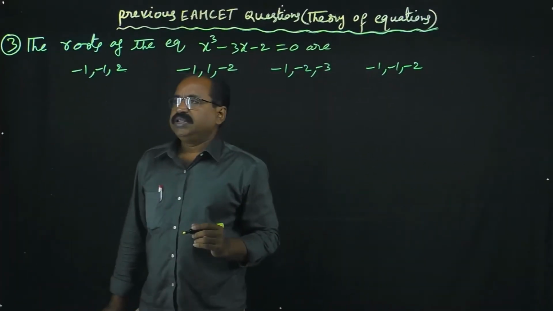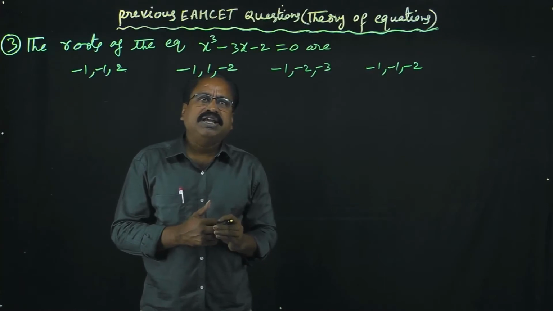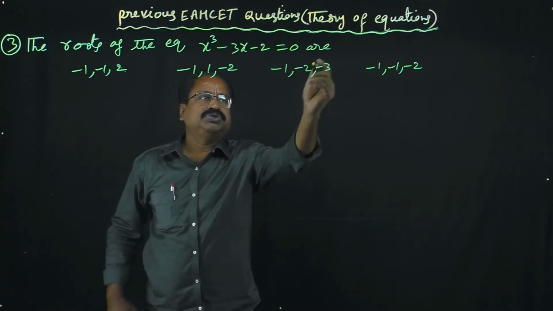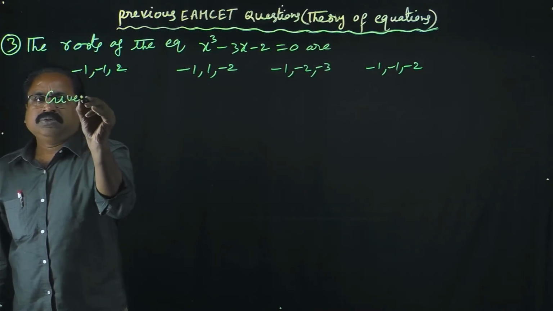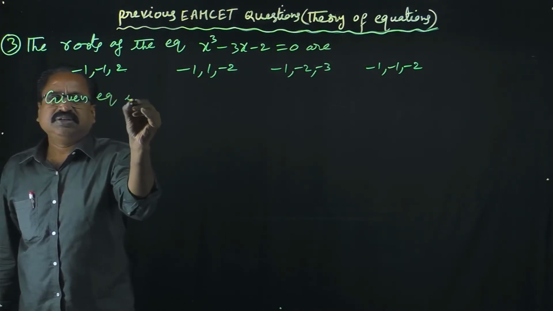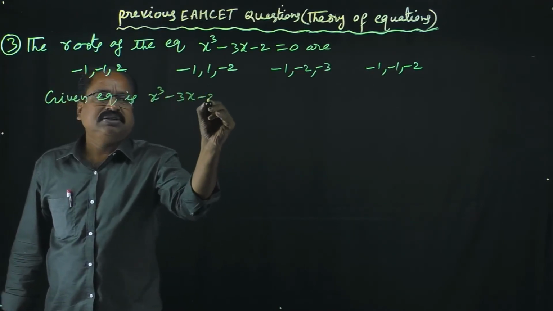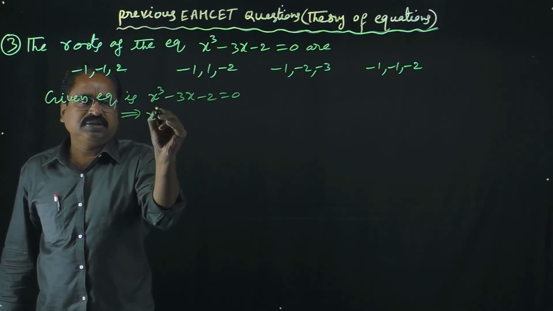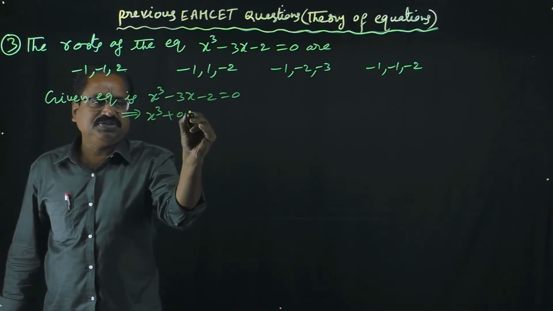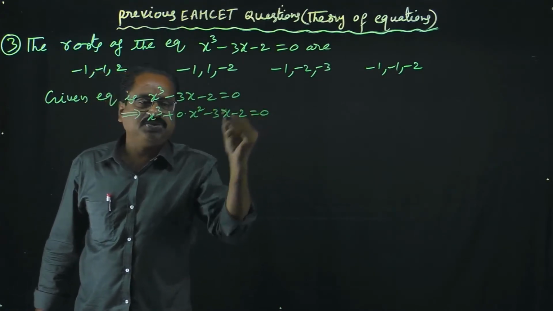So third one is, the roots of the equation x cube minus 3x minus 2 is equal to 0 are. So given equation is x cube minus 3x minus 2 is equal to 0. So this implies x cube plus 0 into x square minus 3x minus 2 is equal to 0.